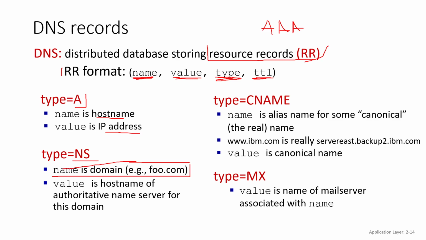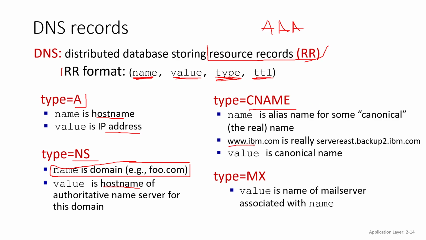The name is the domain name here, and then the value is basically the authoritative name server, which is the domain name system server of the particular domain. In our previous instance, the name server of VITS was dns.vits.ac.za.